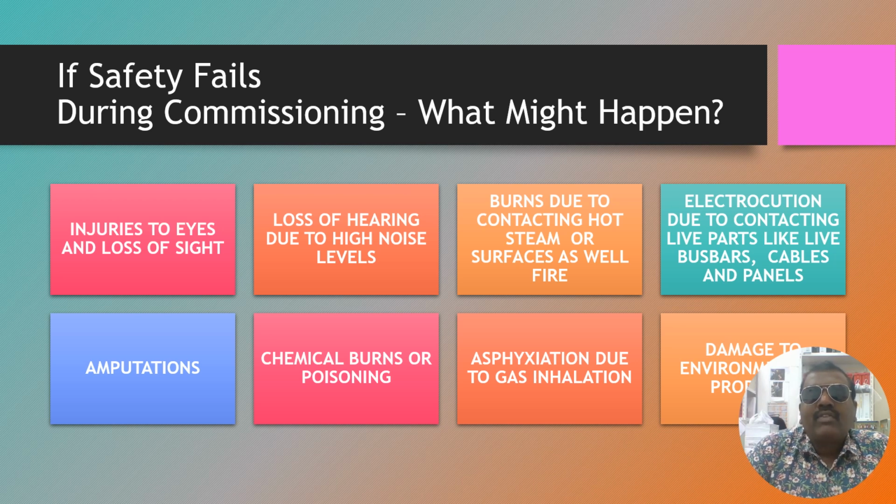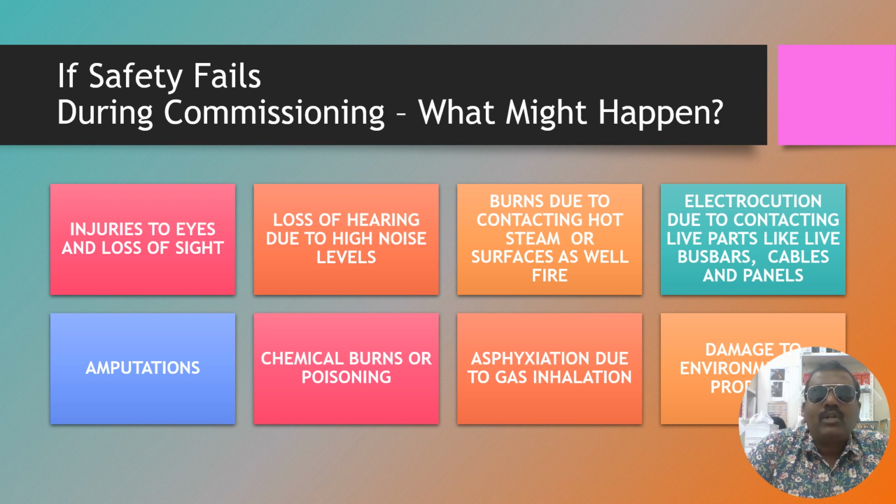Maybe loss of hearing due to high noise levels. Burns due to contacting hot surfaces such as steam or hot surfaces, as well as fire. Electrocution due to contacting live parts like live bus bars, cables and panels. Amputations, chemical burns, acidification, damage to environment and property.